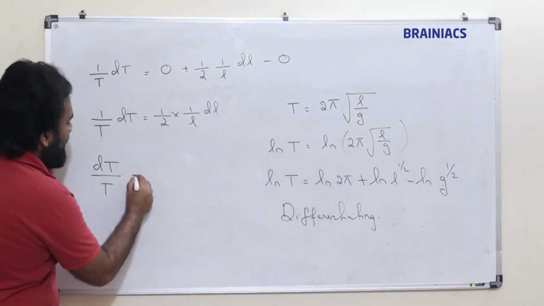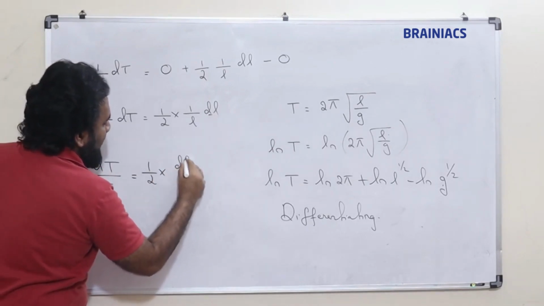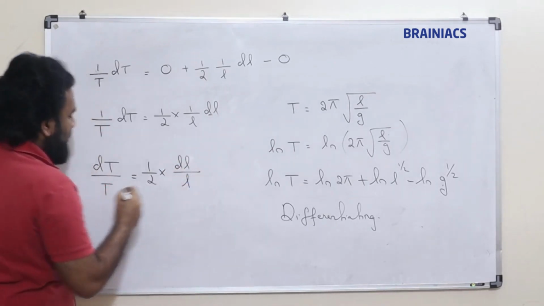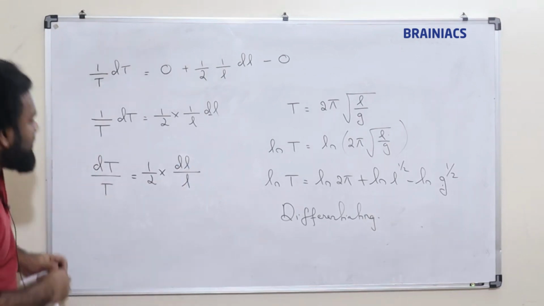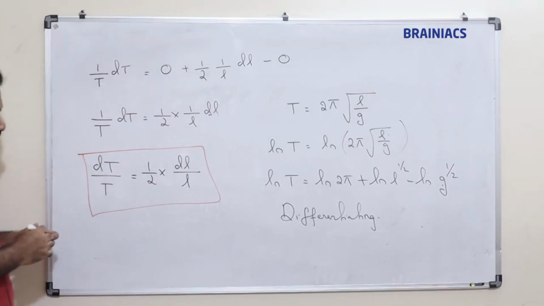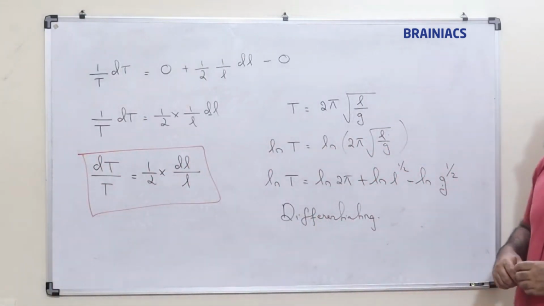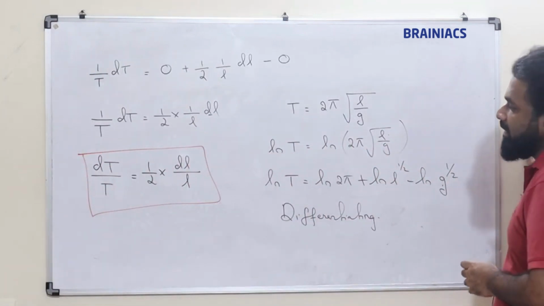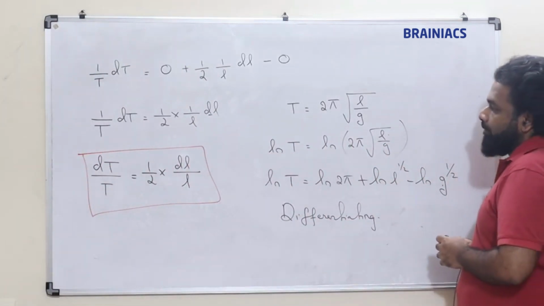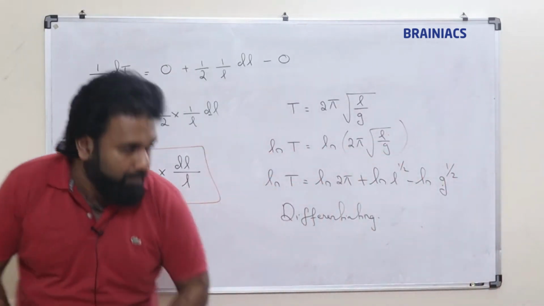This is equal to half into dl divided by L. So the fractional change in time period is equal to half into the fractional change in length. Okay, clear? Note it down.